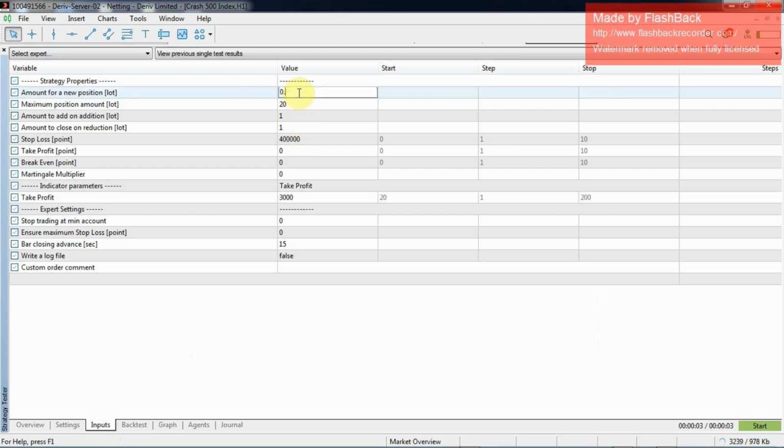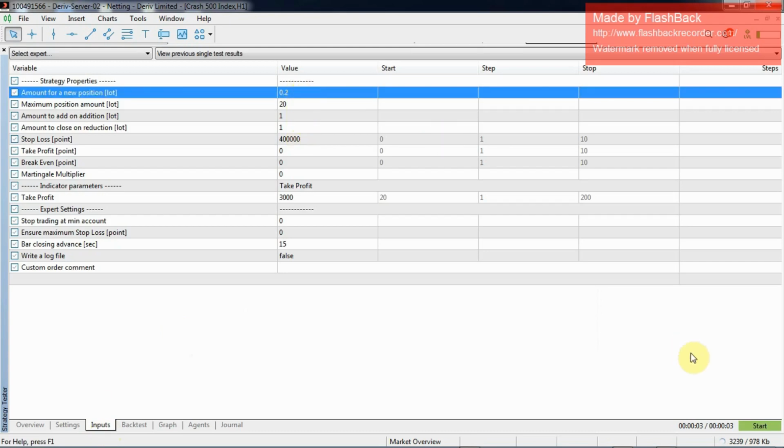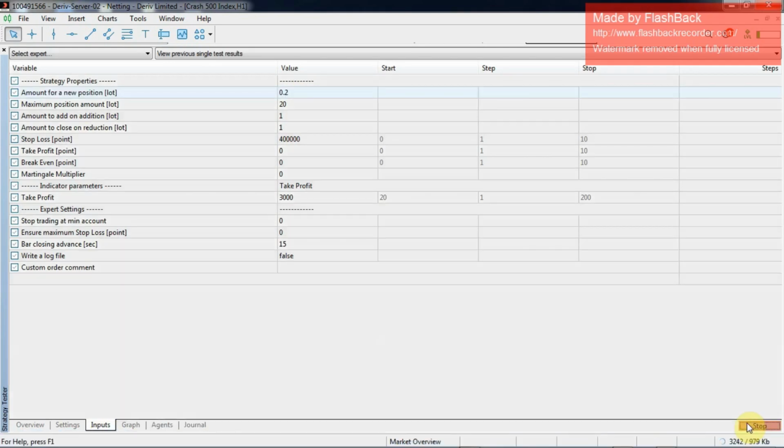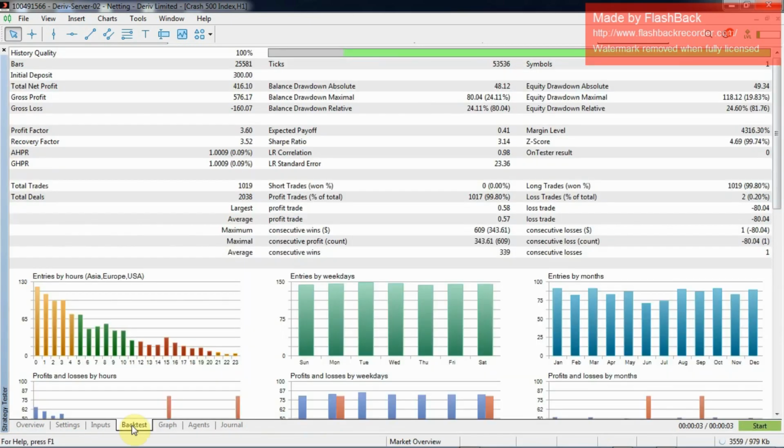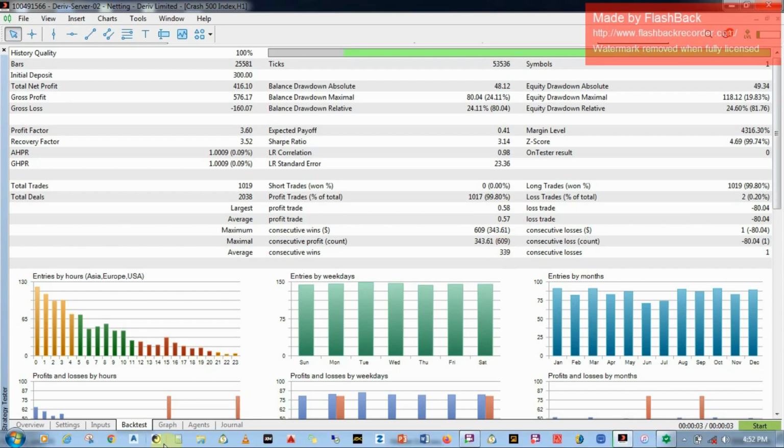We're trying to accommodate everyone. Okay, so you are risking $80 and making 0.58.